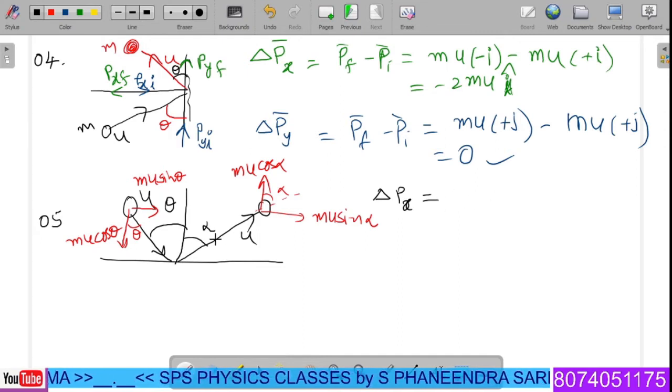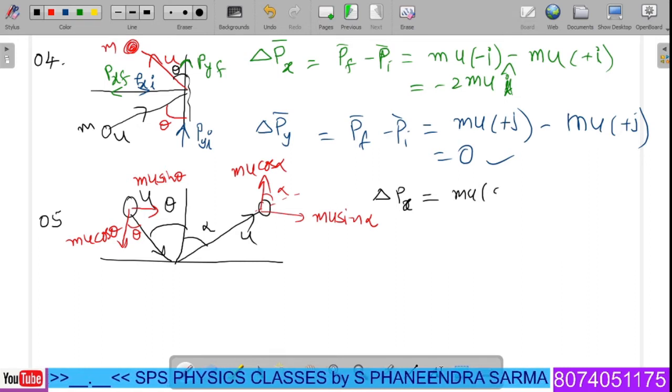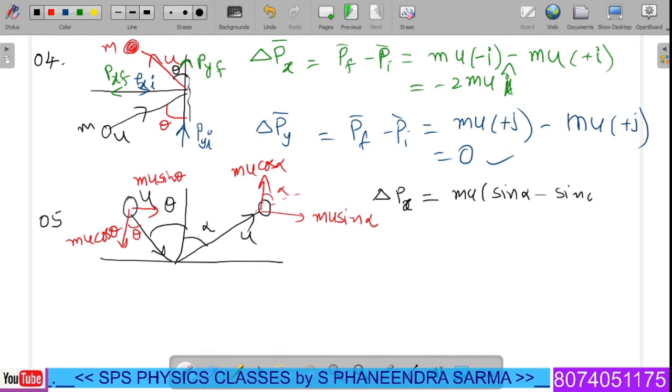Along the x direction, this is the final component. Therefore, taking mu common, you get sin alpha minus sin theta.